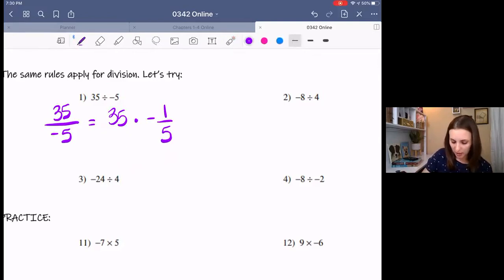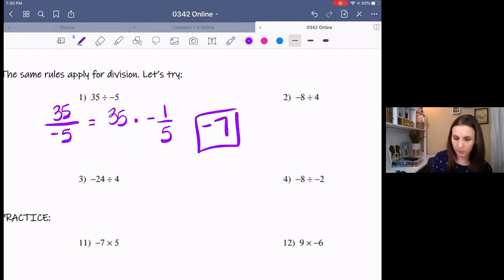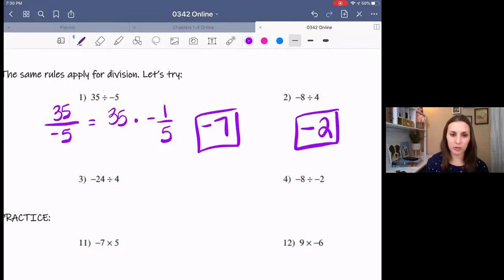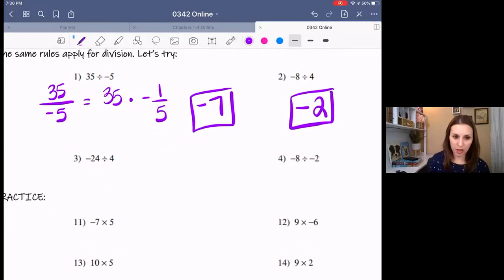So we get here the same rules apply. We only have one negative, so our answer is going to be negative. And 35 divided by 5 is 7. Then number 2, 8 divided by 4 is 2, and we have one negative. Number 3, -6.